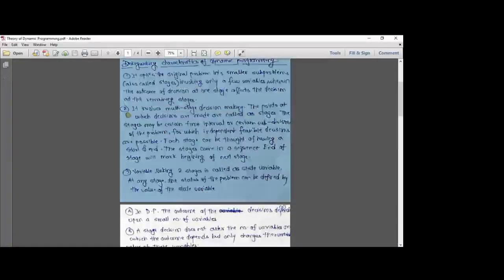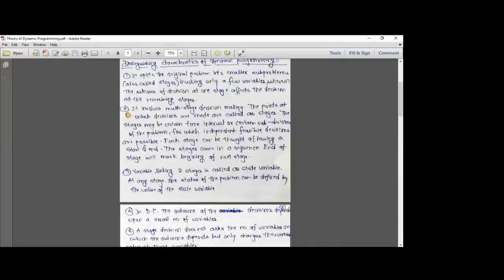Now it involves multi-stage decision making, right? The points at which the decisions are made are called stages. We are not going to make a decision each and every day. There are some stages and points that are marked, and only at that particular time are we going to take the decision. Those are called stages, right?